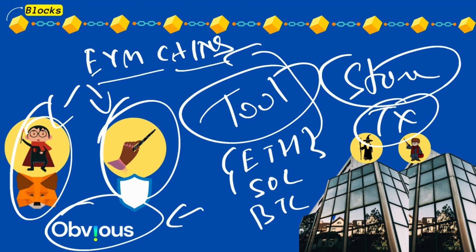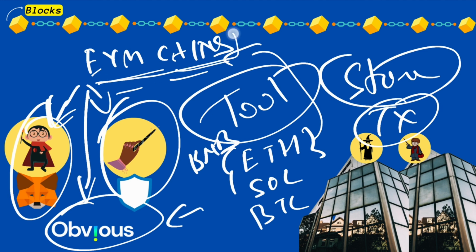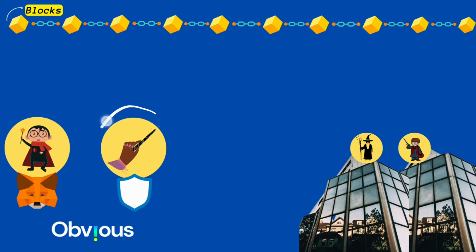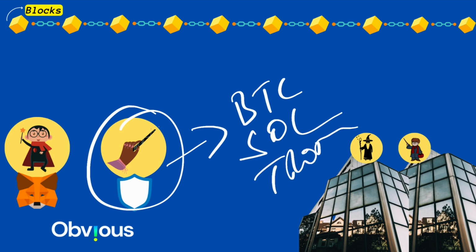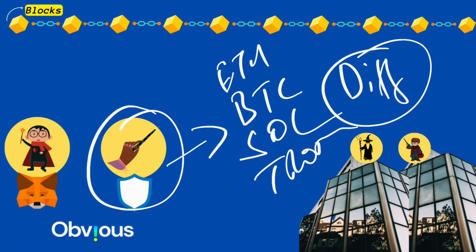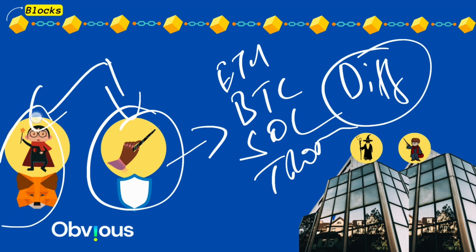So these are EVM chains. These EVM chains are supported by Metamask and currently also supported by Obvious. So you can have your BNB, Optimism, Polygon, Arbitrum, all of them which are EVM compatible chains, on Metamask and Obvious. Trust Wallet does something more complicated. It lets you store Bitcoin, Solana, and Tron and Ethereum and all of them, and gives you a different address for all of them.